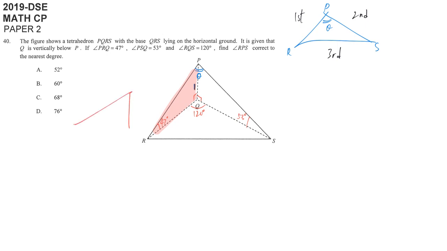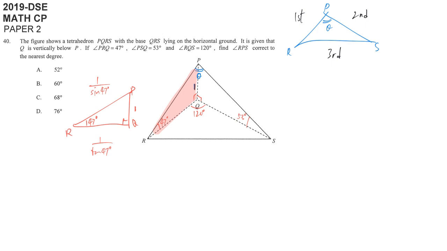So we draw the 2D diagram with P, Q, and R. This is 47 degrees, and this we assign to 1. So PR is equal to 1 divided by sine 47 degrees. RQ is 1 divided by tangent 47 degrees.